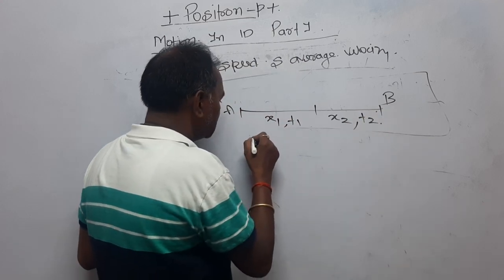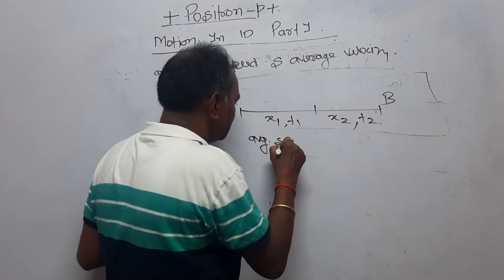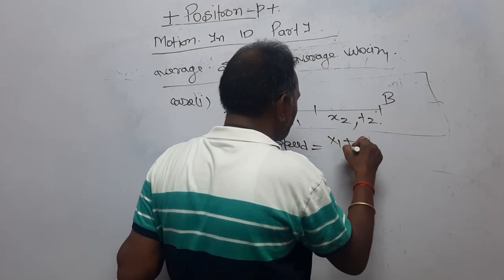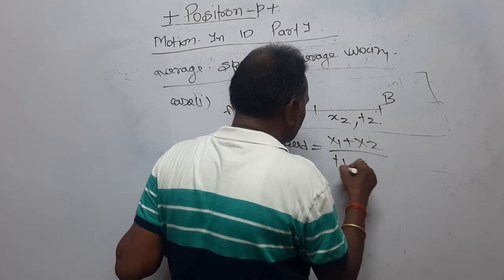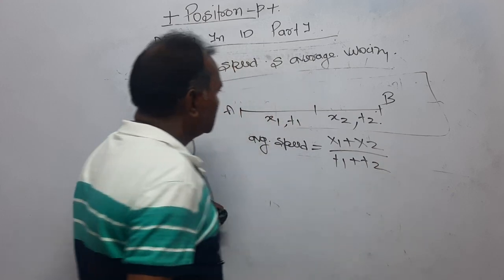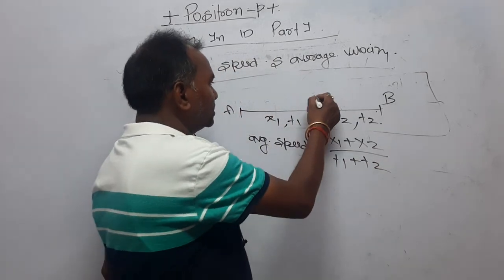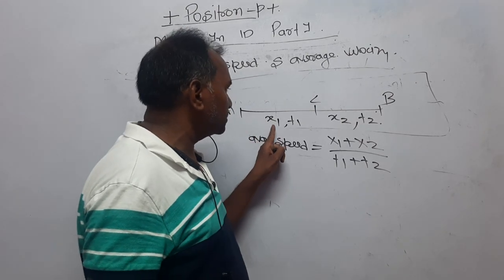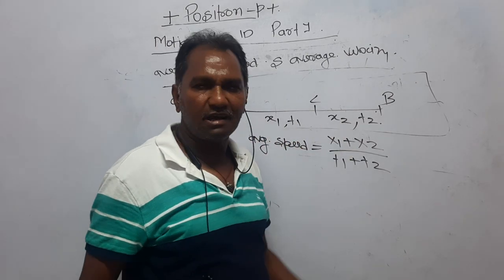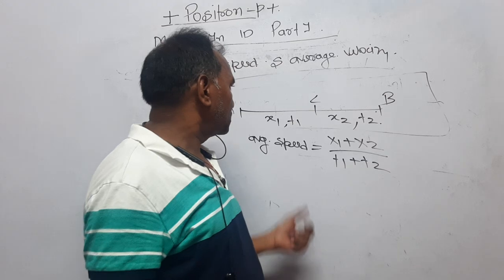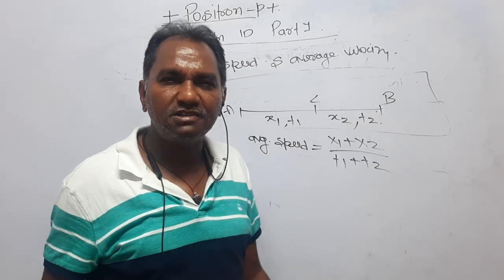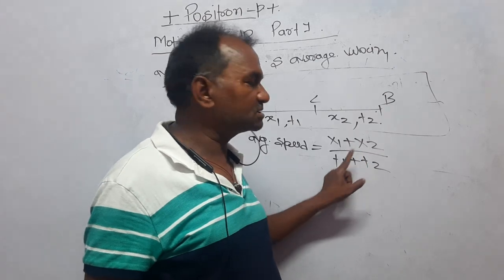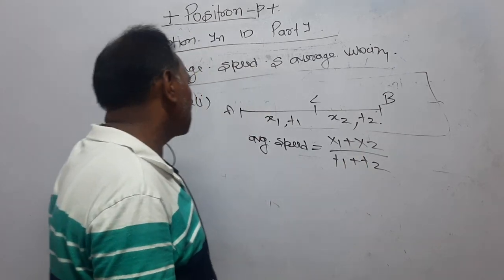In that case, the average speed will be total distance, that is x1 plus x2, over total time, that is t1 plus t2. I have divided the whole trip into two parts. In the first part, the body covers x1 distance in t1 time and the rest, x2 distance, in t2 time. So the average speed is the total distance divided by total time, that is x1 plus x2 divided by t1 plus t2.